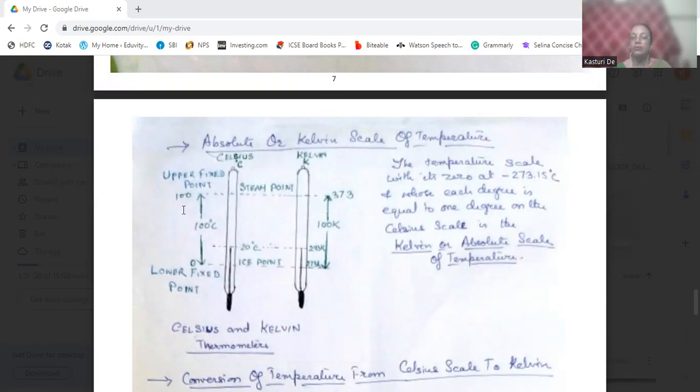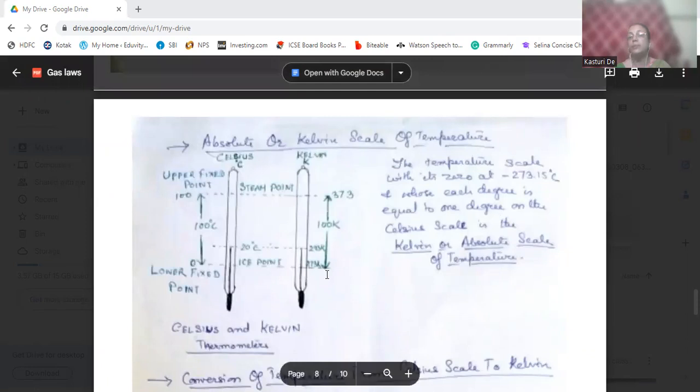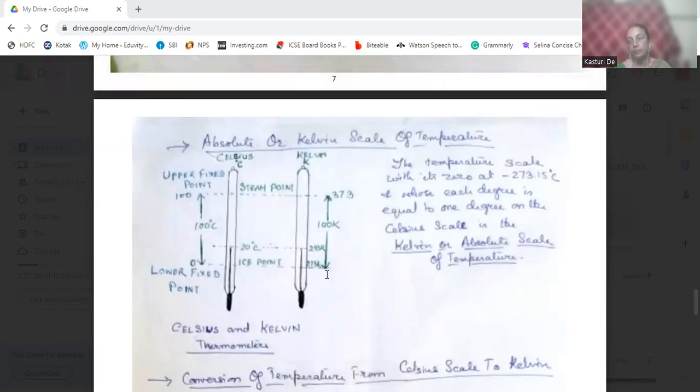Now this 0 degrees centigrade or 0 degrees Celsius is 273 Kelvin, and upper fixed point is 100 degrees centigrade, that will be 373 Kelvin.